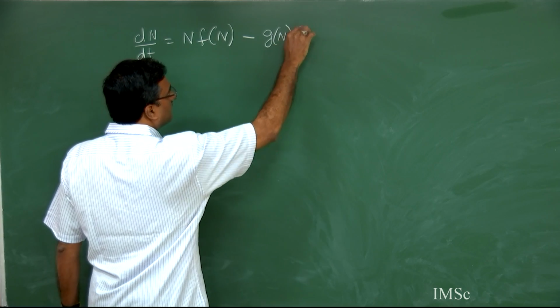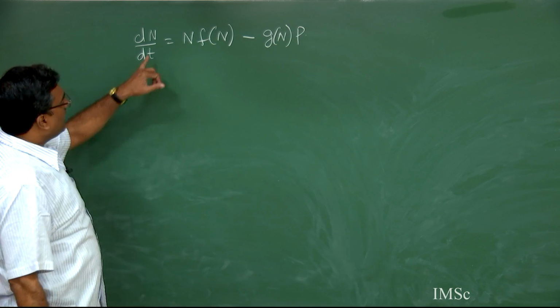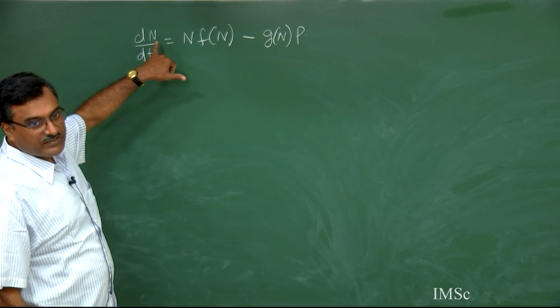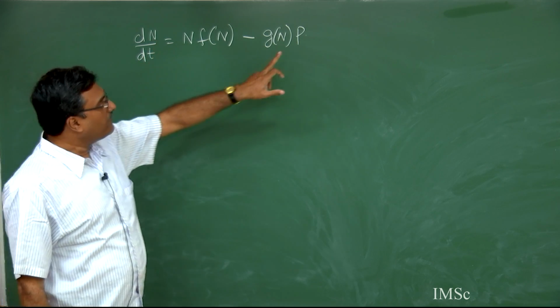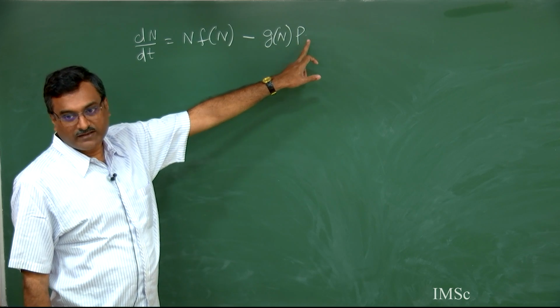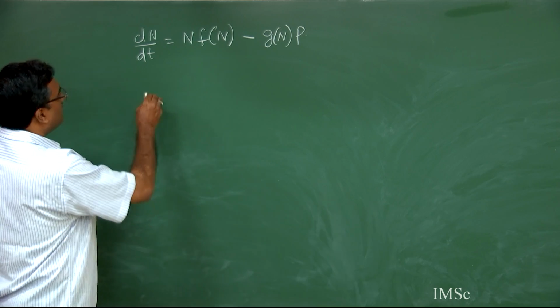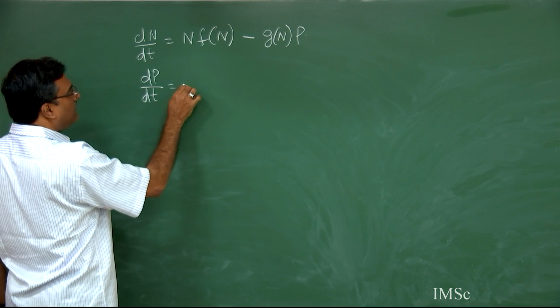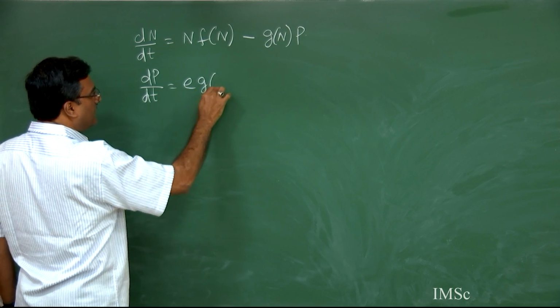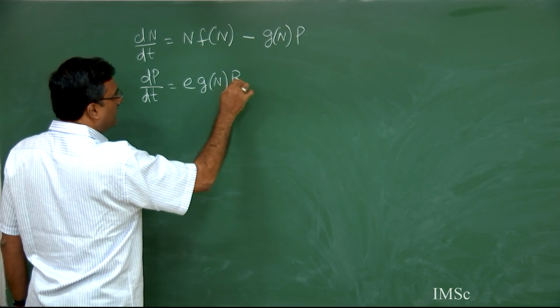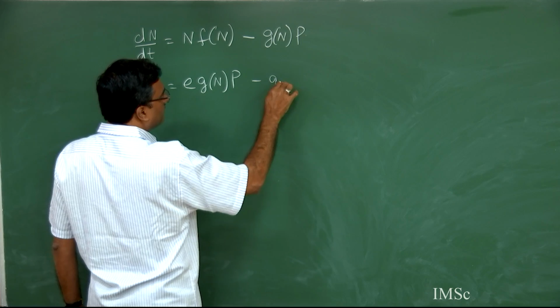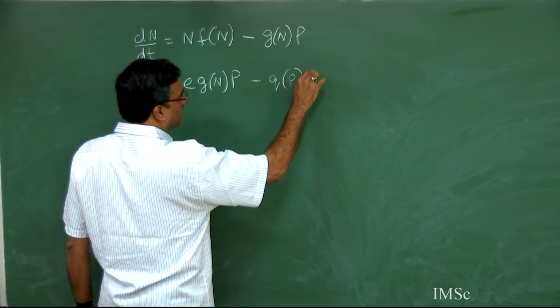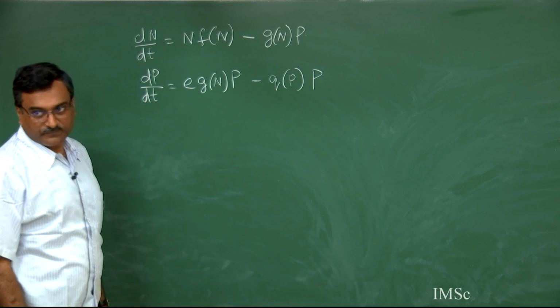g(n) p, where n is the prey population density at time t and p is the predator population density at time t. And then the growth rate of the predator population is described by dp/dt equal to e g(n) p minus some q(p) multiplied with p.